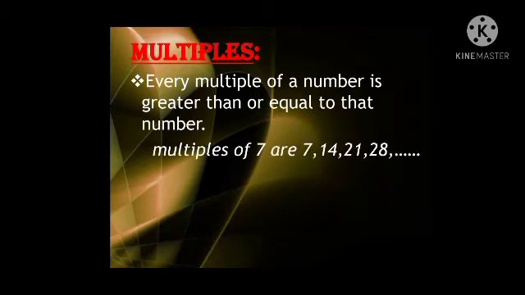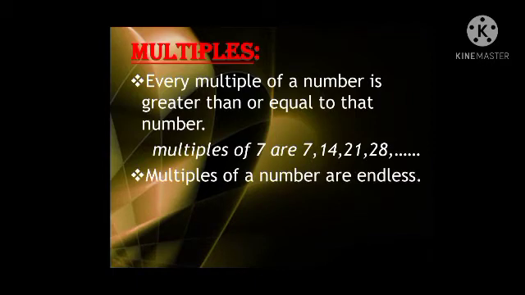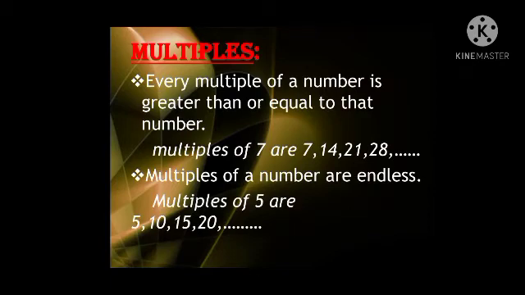Multiples of 7 are 7, 14, 21, 28 and it goes on. Multiples of a number are endless. For example, the multiples of 5 are 5, 10, 15, 20, 25 and it goes on. So the multiples of a number are endless.